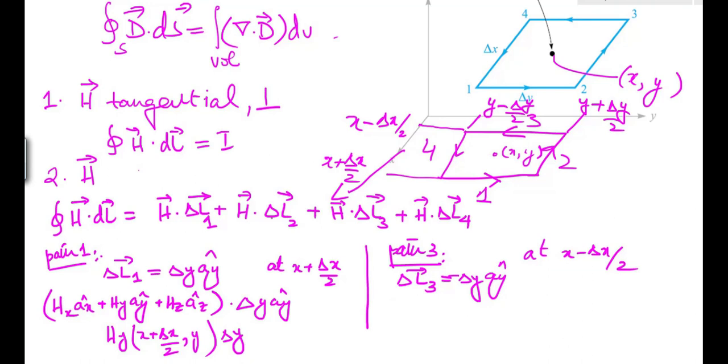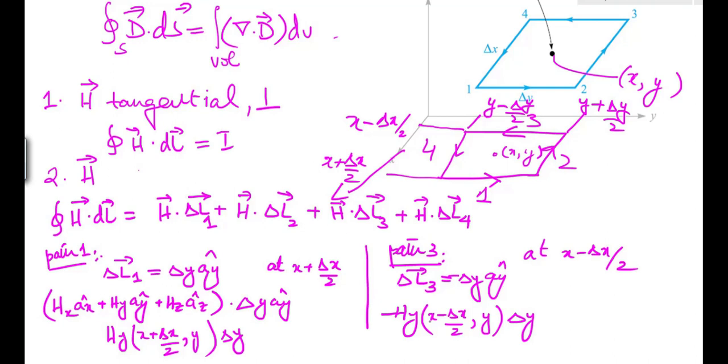Then for the expression H dot delta L3, using the same explanation, we will have only the y component of the field, and this y component has the coordinates x minus delta x by 2, y. This is delta y, and the minus sign is due to this length.